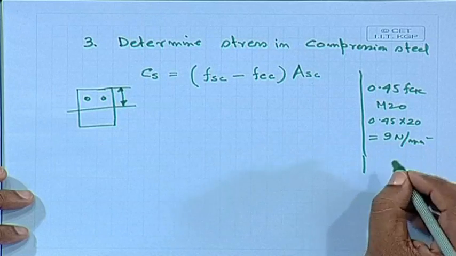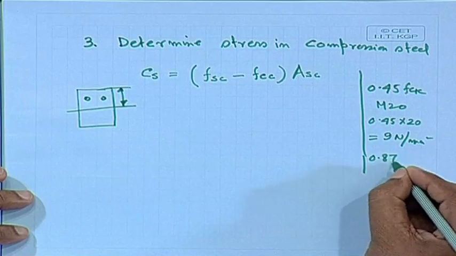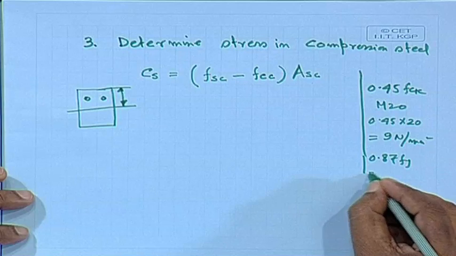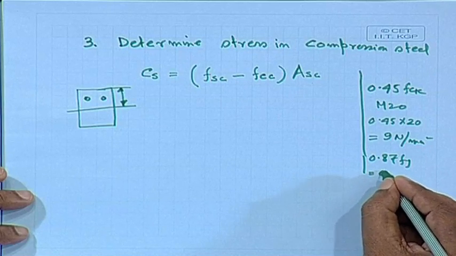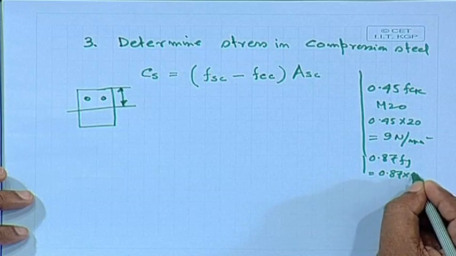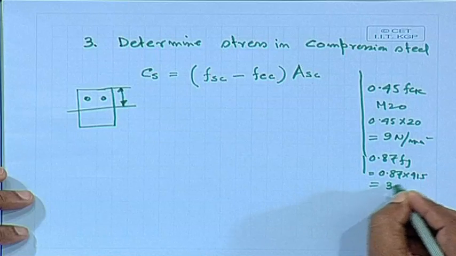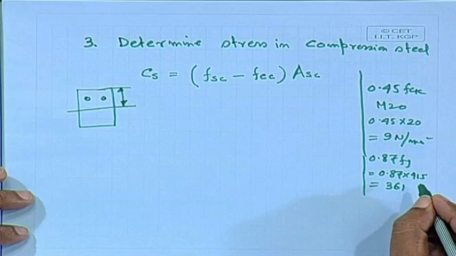Whereas 0.87 fy, say for Fe 415, comes to almost 361.